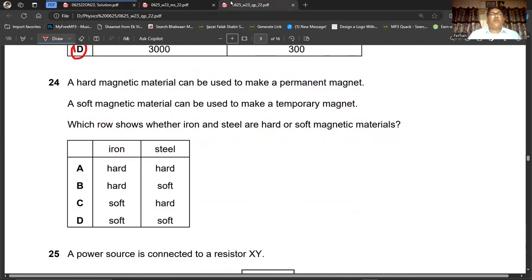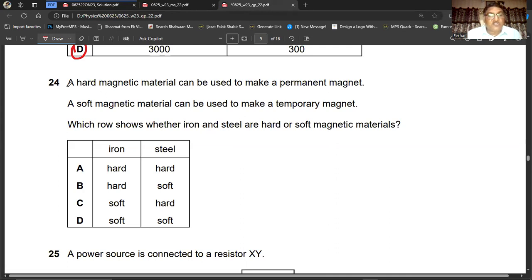Question number 24. A hard magnetic material can be used to make a permanent magnet. A soft magnetic material can be used to make a temporary magnet. Which row shows whether iron and steel are hard or soft magnetic materials? Iron is a soft magnetic material and is used to make temporary magnets, whereas steel is a hard magnetic material and is used to make permanent magnets.